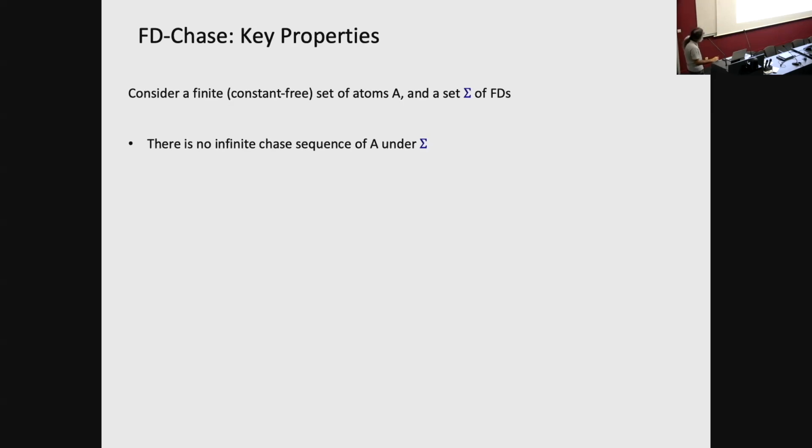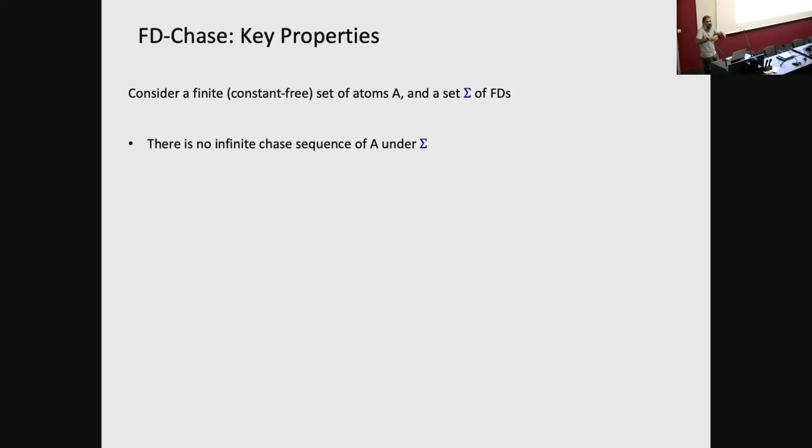Now, there are some things that we have to clarify here, because one may say, first of all, are there indeed infinite sequences? And as you can see from the first bullet, one can see easily that actually all the sequences are finite. And why are all the sequences finite? I guess the argument is easy. At each step, the only thing that we do is to equate variables.